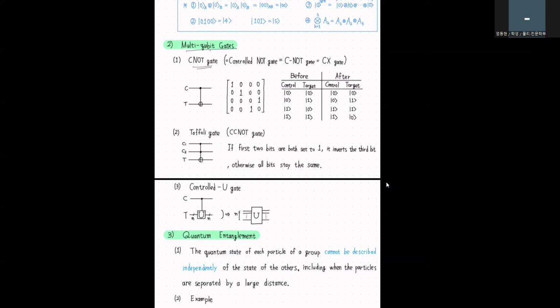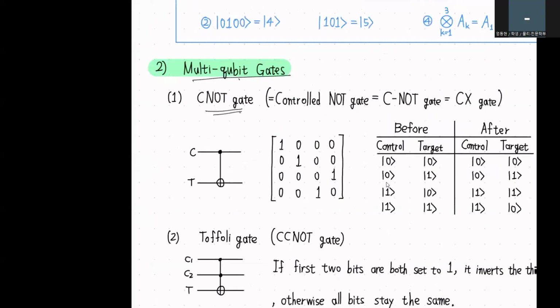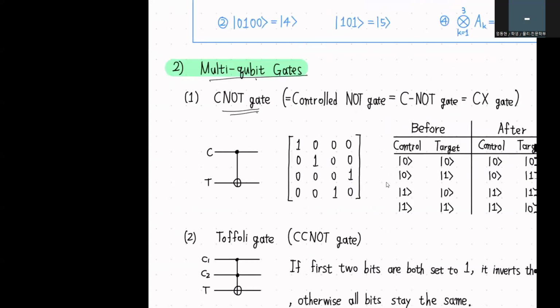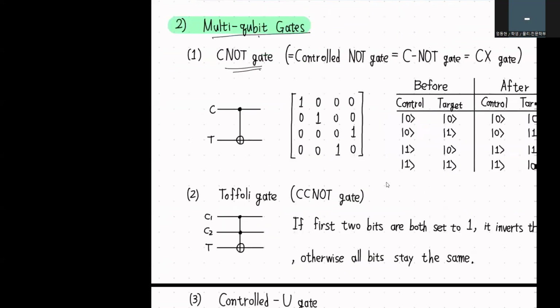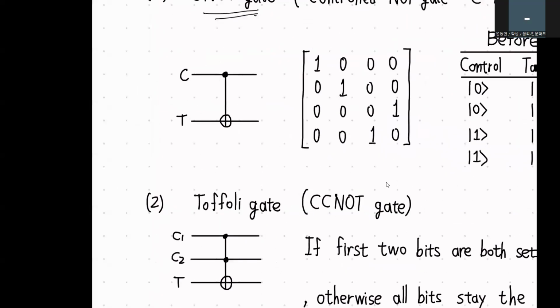The controlled part refers to a conditional operation. Basically, the NOT gate is only performed when a certain condition is met. So in controlled gates, we have what's called a control qubit, which would be our system, qubit 1. And qubit 2 is the target qubit.